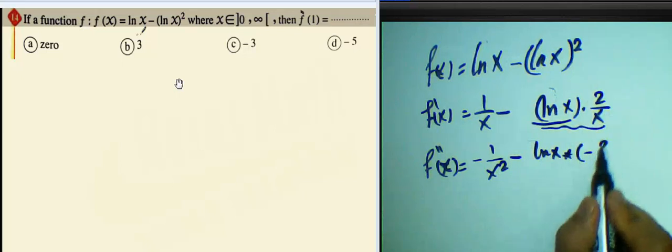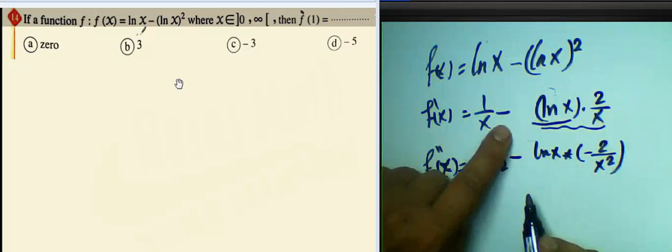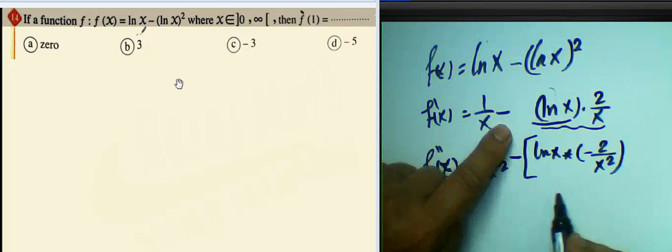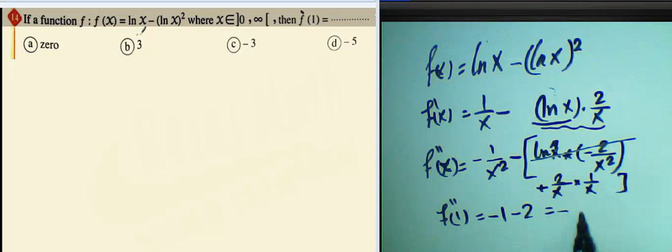It will be -2 over x power 2. That is the derivative of this function, and we have a negative outside here. Don't forget the negative right here. Parenthesis here, plus negative 2, the result will be -3. Understood? Again, the derivative of this function is -2 over x power 2.